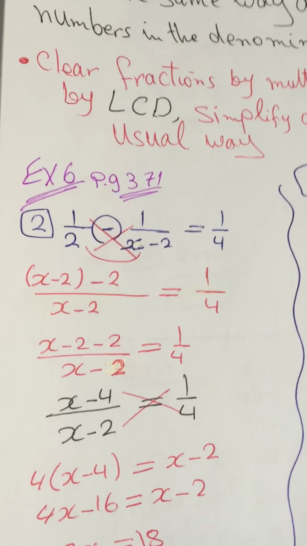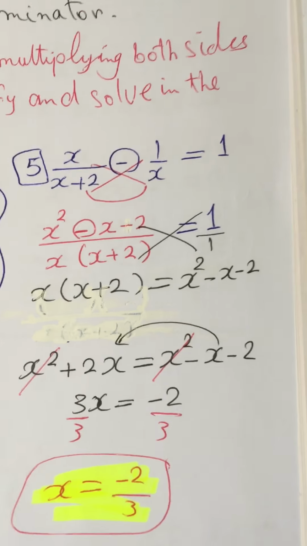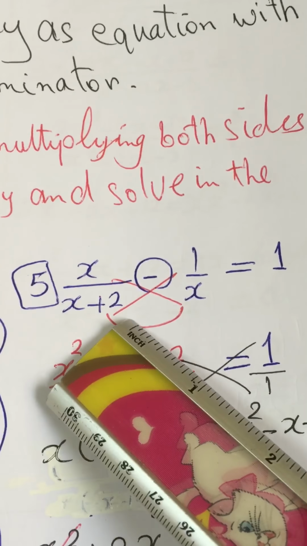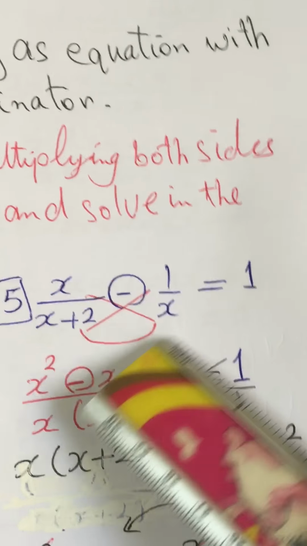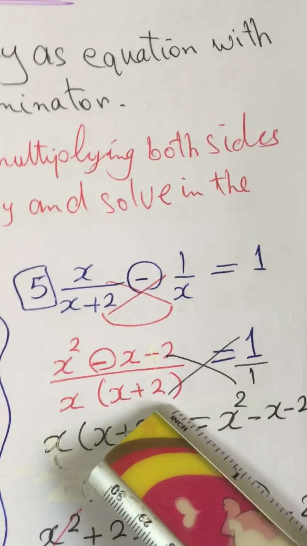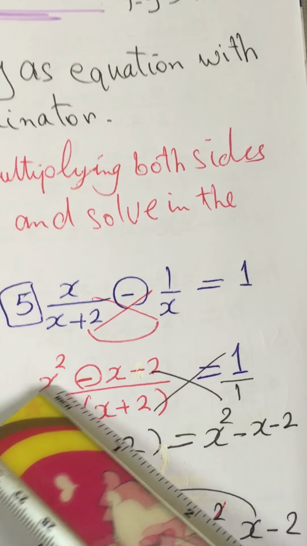I am still in exercise 6, page 371, question number 5. I have x over x plus 2 minus 1 over x equal 1. I'll make the cross. Down, x times x plus 2, put it between brackets, and the cross x times x equal x square.